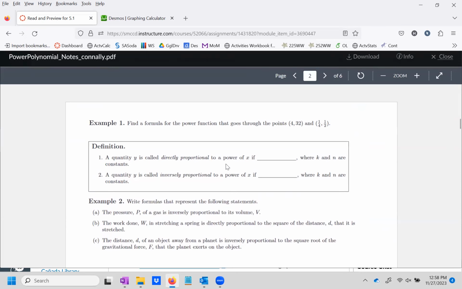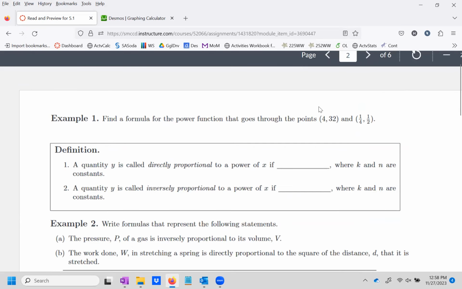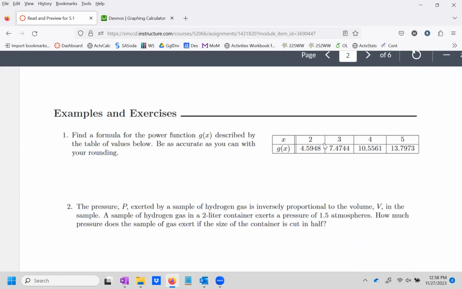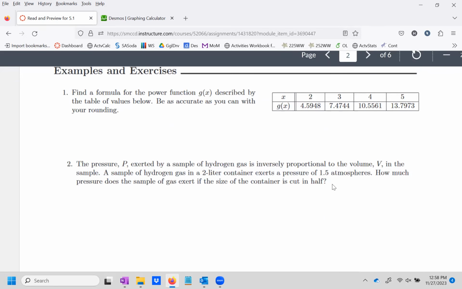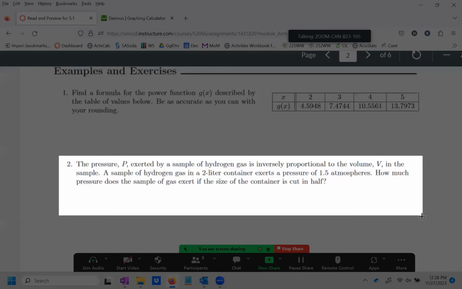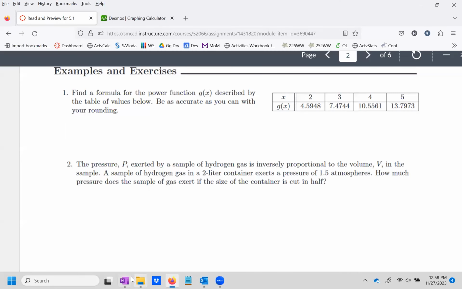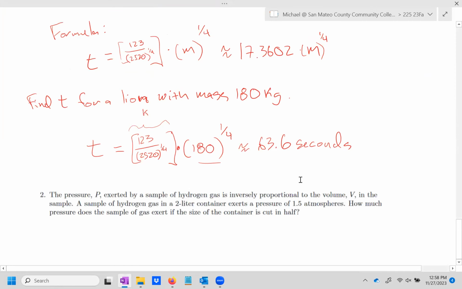Now, we're not going to be finding power functions through points, but if I were going to, it would be a very similar process to this one. But let's just do one last example, which is also a physics example, which is actually also a true fact.